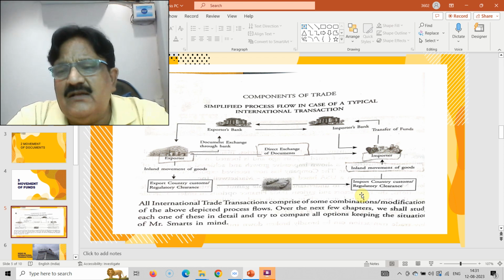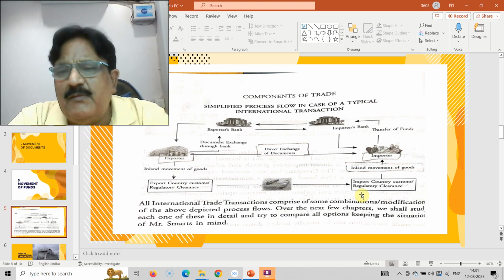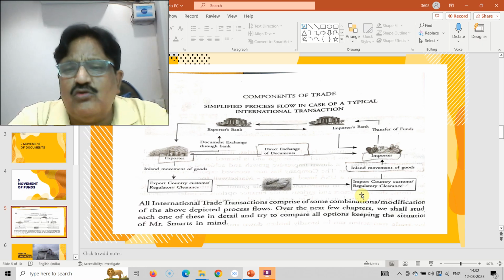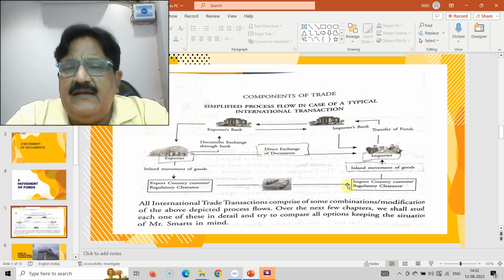So he may not be at the port of shipping, he may be inside landlocked. So again goods would be moved after he accepts those bills, or he pays those bills as per the tenor of the bills, and he can get the goods released from the shipping company, or road transport, or railways, whatever the case may be.